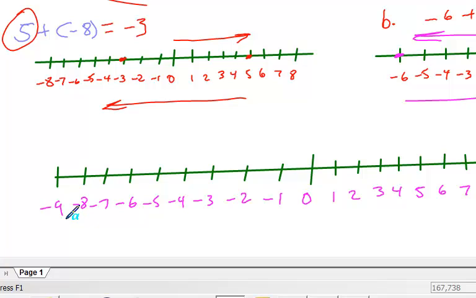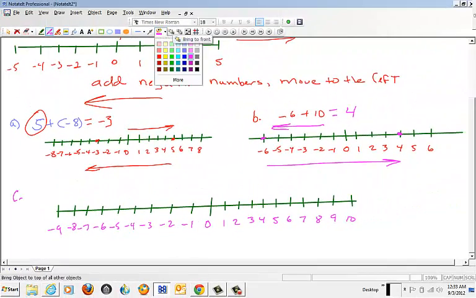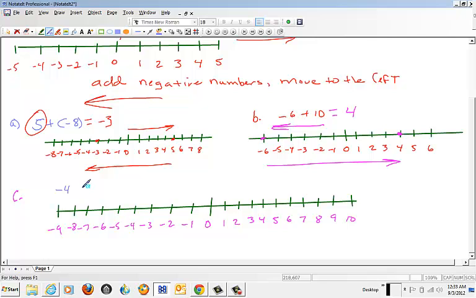So let me go ahead and give you your problem. What we're asking you to do is add a negative 4 plus a negative 3. Be careful with this.